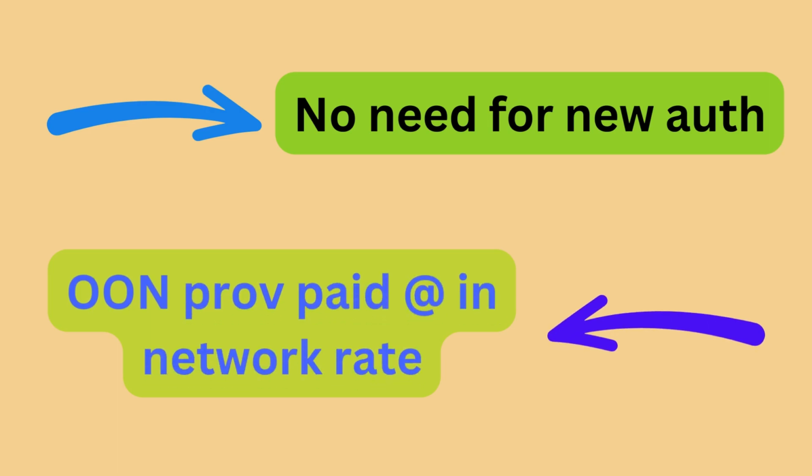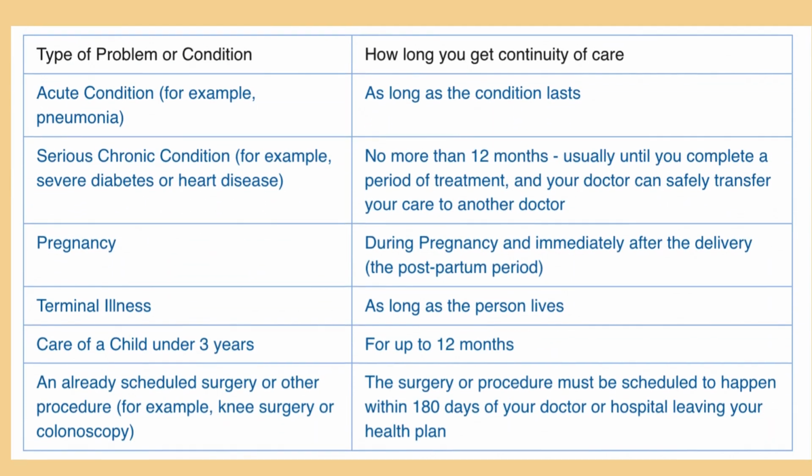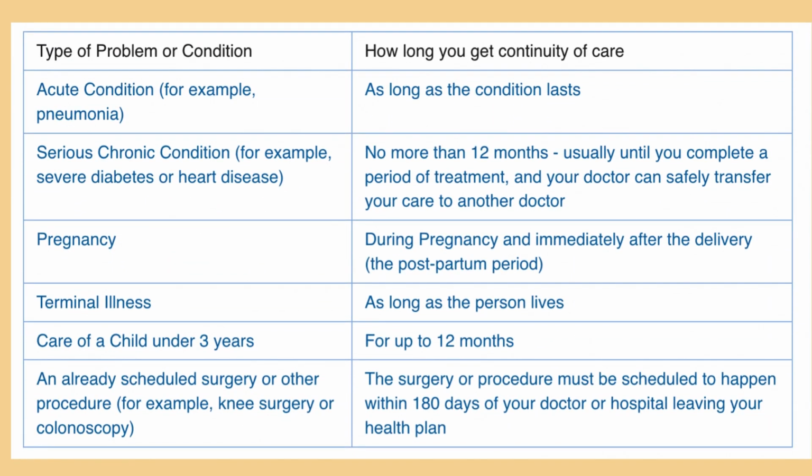So basically, continuation of care allows you to continue what was started without the need for a new authorization process, and also by keeping a better or preferential rate applied before to continue with a new plan.